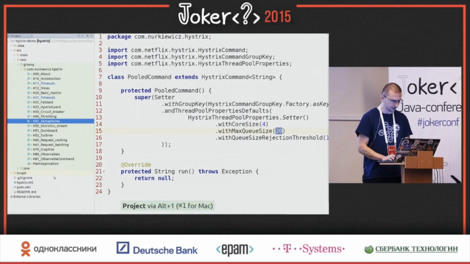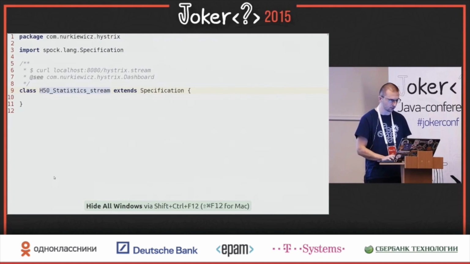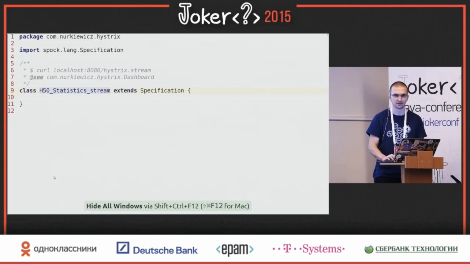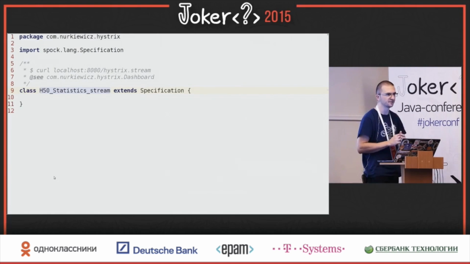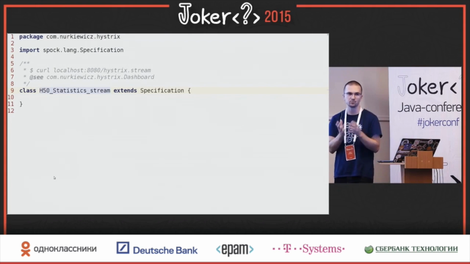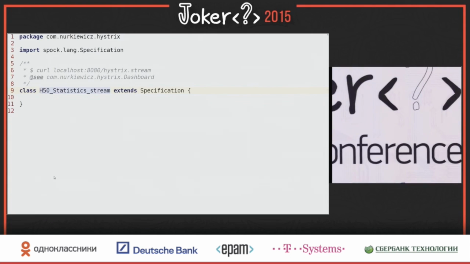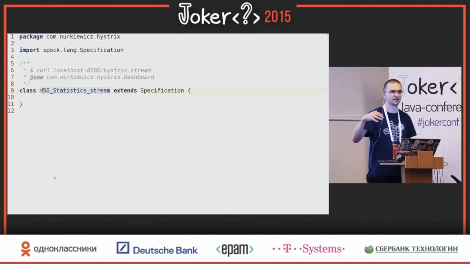Okay. I can tell you later a little bit about semaphores, but I'm going to show you first a so-called statistics stream. So Hystrix has a built-in statistics servlet. This is basically a servlet that when you connect to it, it pushes data on you regarding all the statistics that are collected by Hystrix.